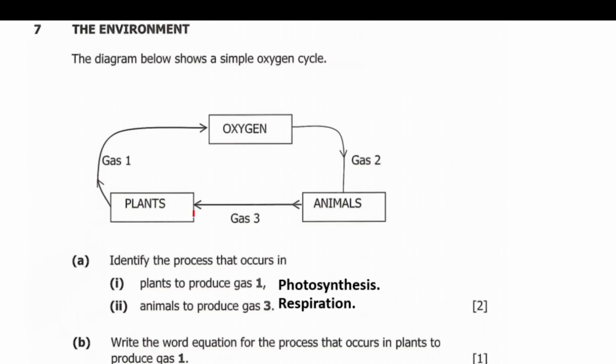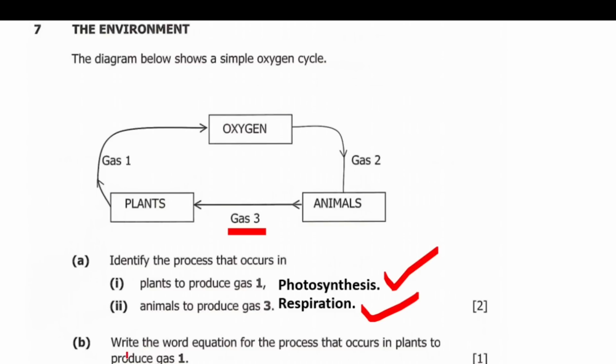Then A, identify the process that occurs in plants to produce gas 1. In plants, it's photosynthesis. Then identify the process that occurs in animals to produce gas 3. To produce this gas 3, it's respiration.